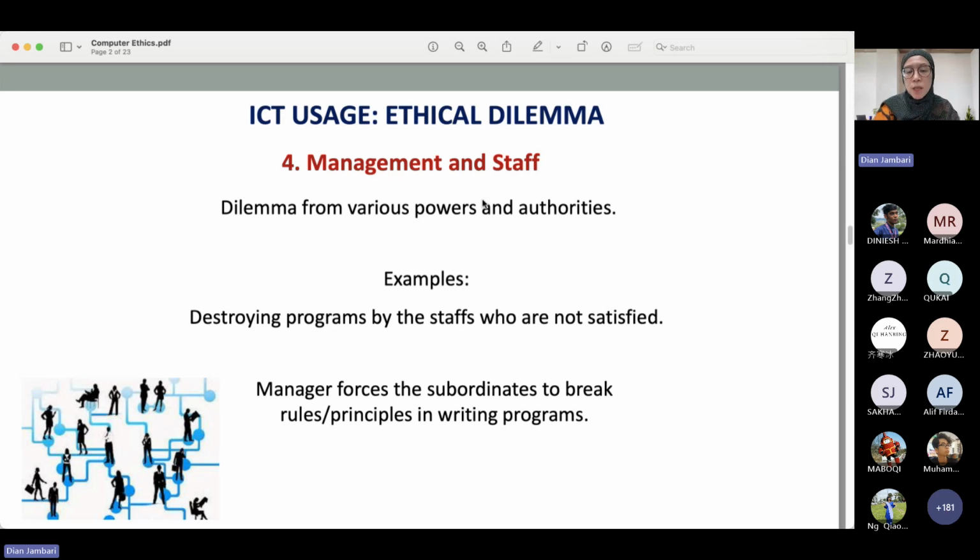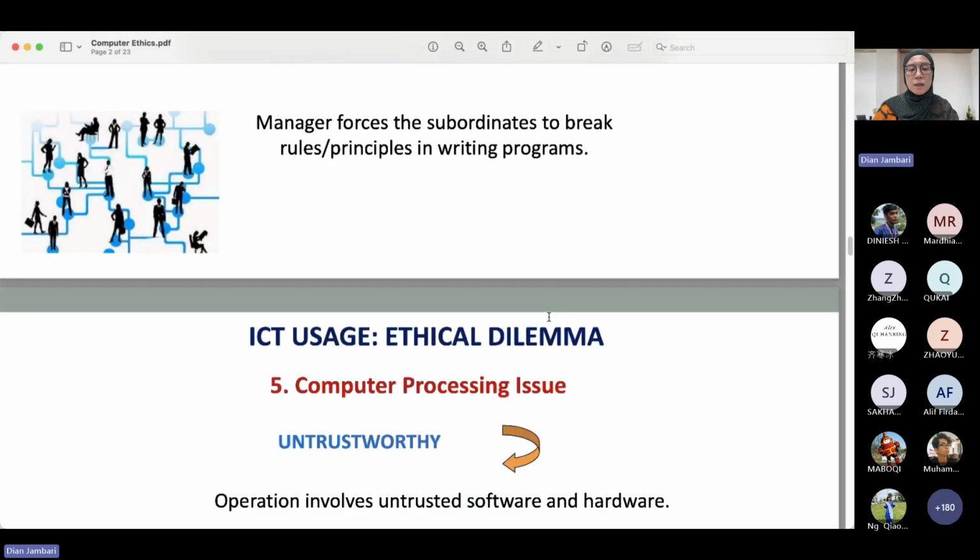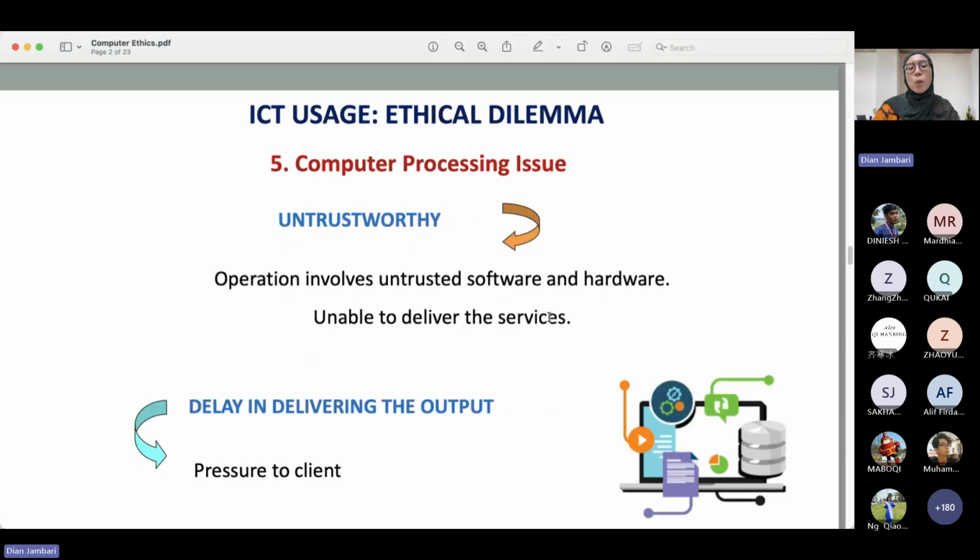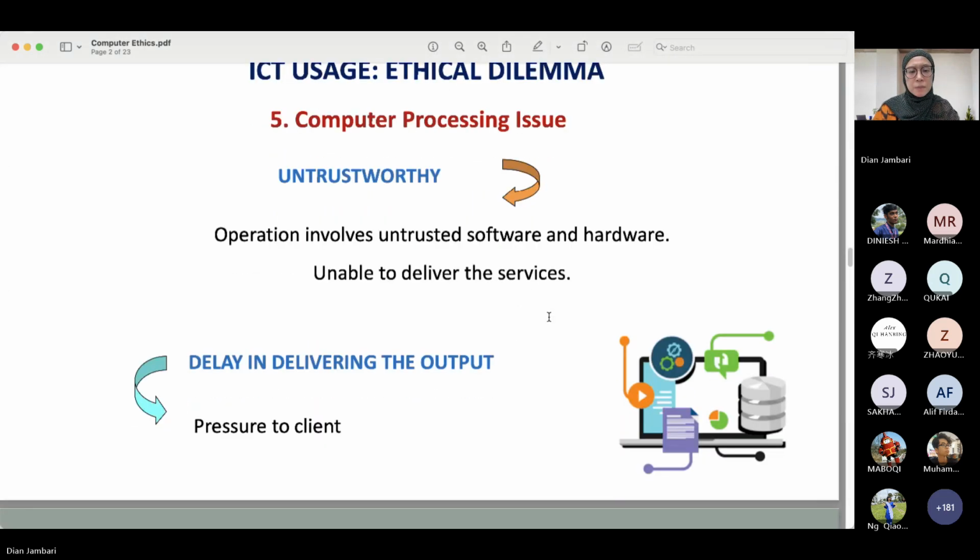So you as an employee may find yourself in an ethical dilemma of following orders from your manager, but at the same time knowing and understanding that what is being asked of you in terms of using the ICT, in this case to write that program, is for unethical or illegal purposes. So that is another example or scenario where you can be faced with an ethical dilemma.